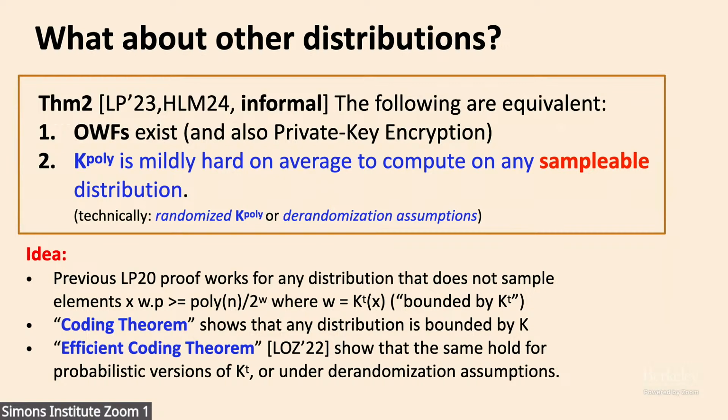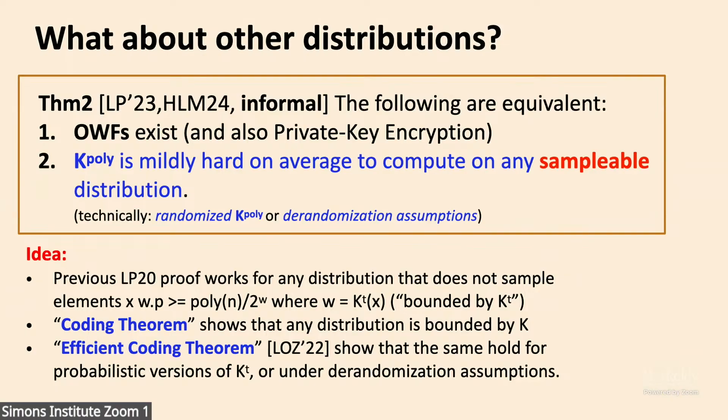yeah. Okay, I'm not going to really go into the proof, but the idea here is that when we do this multiplicative argument, it actually works for any distribution that's not very far away from the uniform. And in fact, any distribution that doesn't sample elements with probability larger than 2 to the minus their Kolmogorov complexity, the proof actually works for.